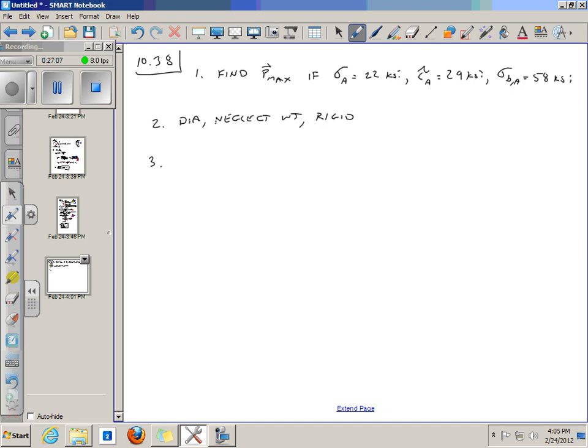So tau is equal to the force in shear over the shear area. We're concerned about failing in tension, making the plate break. So sigma is equal to the axial force over the cross-sectional area. And in bearing, we're concerned with the axial force over the area of contact.